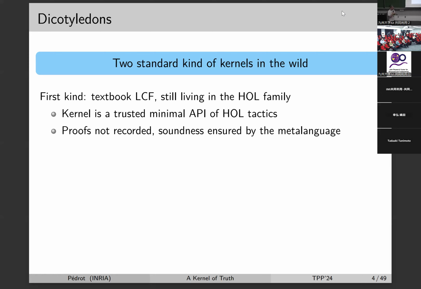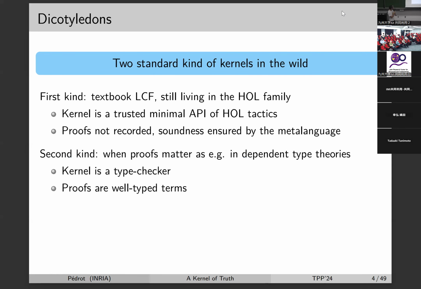Basically, you can see that as some kind of API in your favorite well-typed programming language, like OCaml or something like that. And in general, you may not record the proofs. You only care about the interaction with the API. But there is a second kind where, when you do dependent type theory, you need to care about your proof terms, because terms are important, they exist as elements in the types.